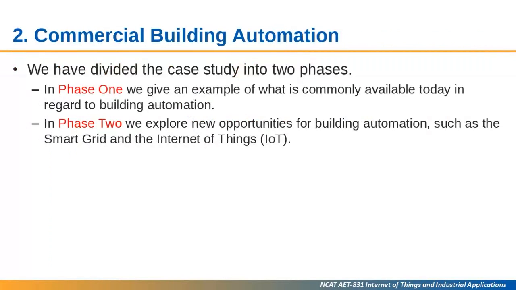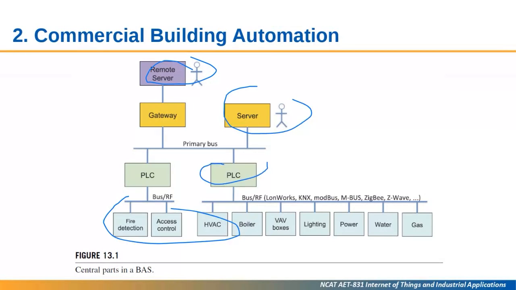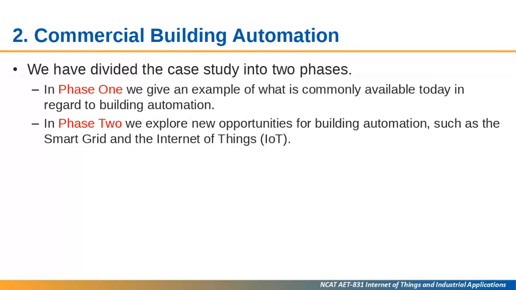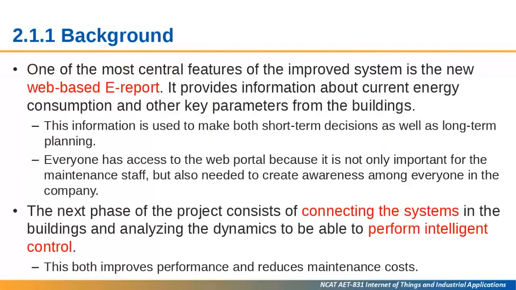Basically, that's the typical layout here: the local server and the remote server, and connecting the devices using PLC. Okay, let's further explain the five-step plan. Yeah, we'll just skip this part.